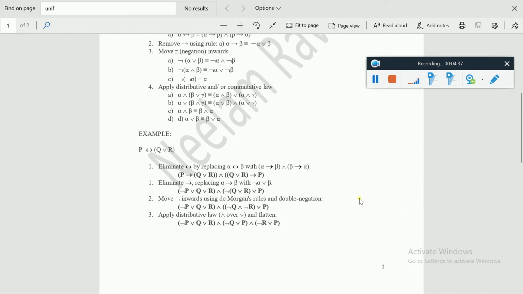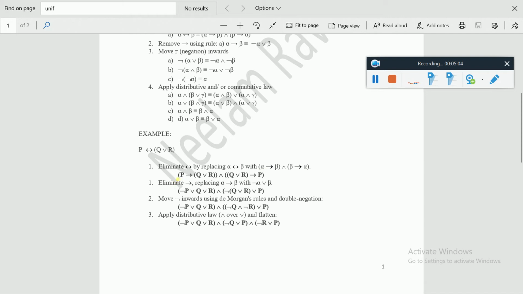So we do have an example, this is the propositional logic well-formed formula. How do I convert this propositional logic into CNF, that is clausal normal form? So here you can see in the first step I have eliminated this biconditional from this WFF with the help of the formula.